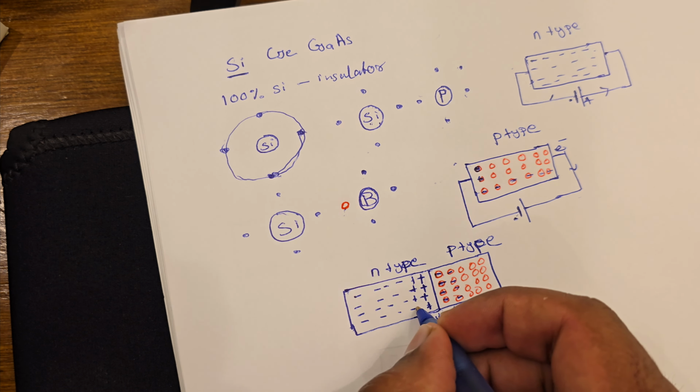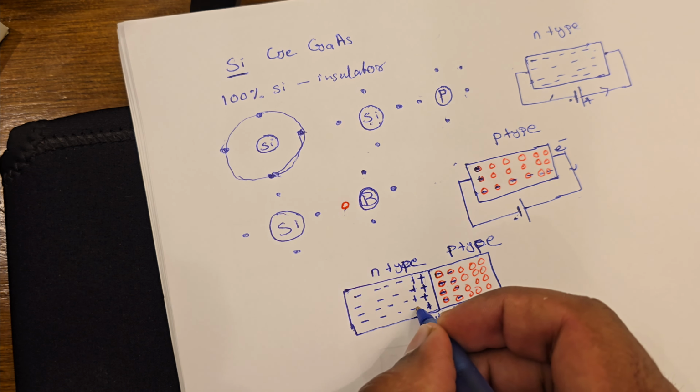This phenomenon is just happening at the junction, because we know this is a negative charge. When electrons came to these little holes, the atoms here got a negative charge, and this negative charge repels the free electrons coming from the other side, because electrons have negative charge, so this will repel.